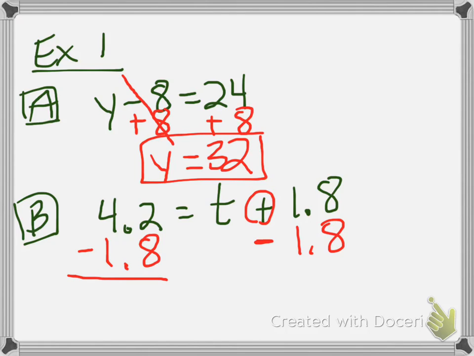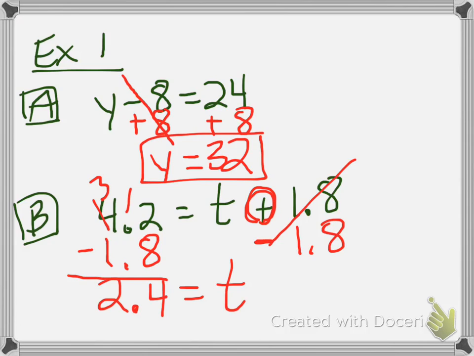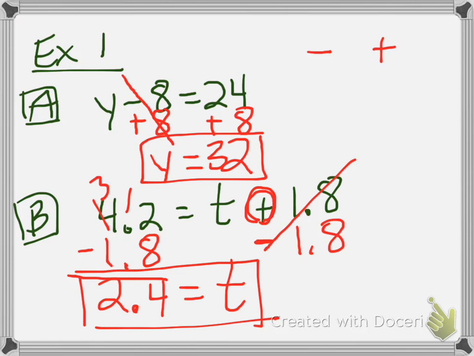So on my left-hand side, I'm left with 2 and 4/10 equals t, because 1.8 minus 1.8, or 1 and 8/10, those go bye-bye, and I'm left with 2 and 4/10 equals t. So that was practicing using addition and subtraction together.